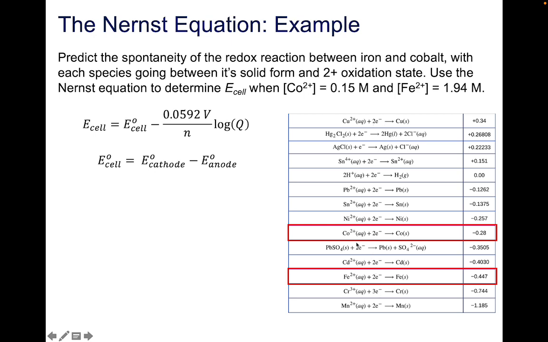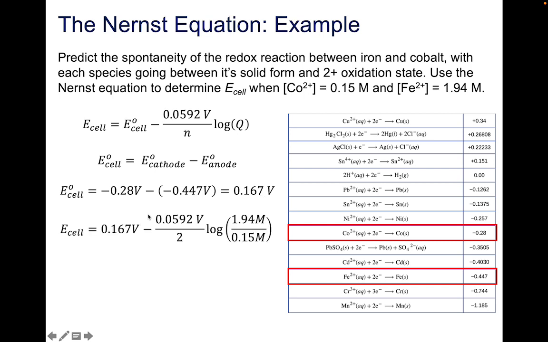But we know that whatever the more negative one is is going to turn into our oxidation reaction, meaning that this reaction is going to reverse and we'll need to flip the sign. And that's essentially what we do when we subtract a negative here, it turns into a positive. And so when we do that, we end up with an overall cell potential of 0.167 volts that we can then plug into our Nernst equation.